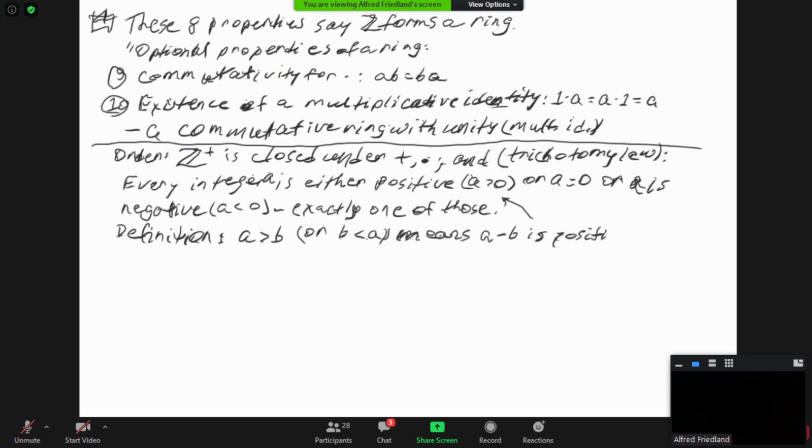And again, in any of these things, check it. 10 is bigger than 7. Well, let's check it. How do you check it? You see whether 10 minus 7 is positive, and it is. So 10 is, by definition, bigger than 7. So, okay, homework. Let's start a new sheet.